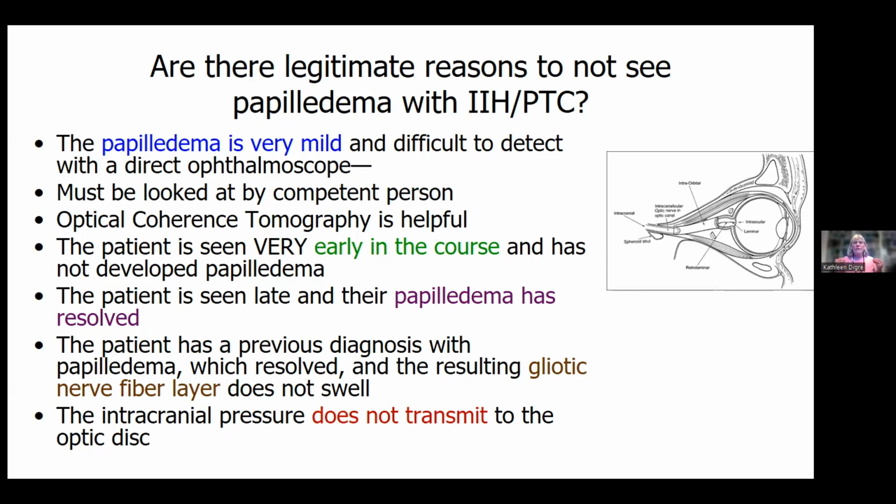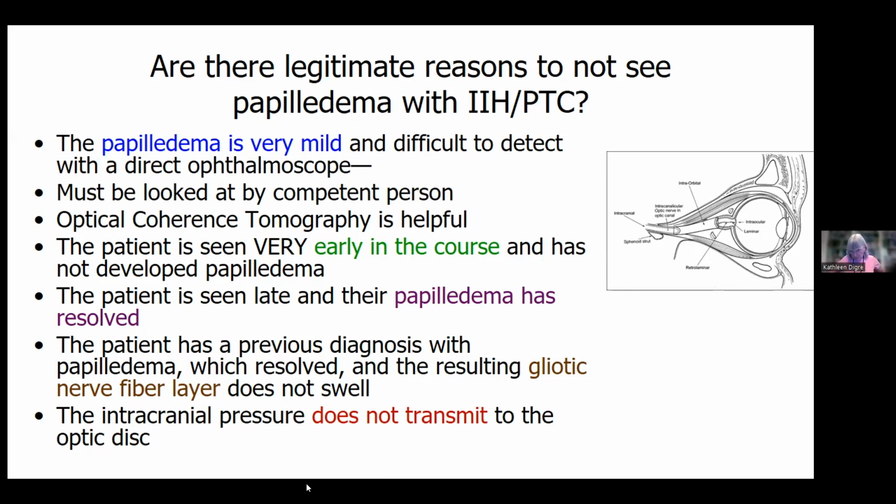Early in the course, if it's very early, a patient hasn't had time to develop papilledema, they may have no papilledema. Or if it's very, very late, the papilledema has gone away, that may be another reason we don't see it. The other reason is maybe the disc has become gliotic or there's fibrous tissue on it, so it can't swell.